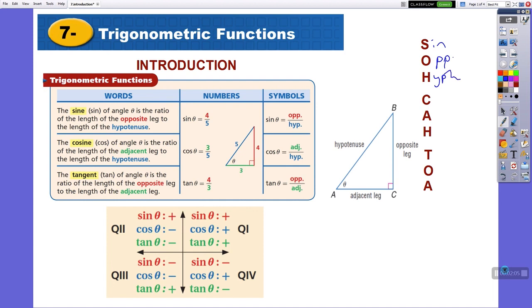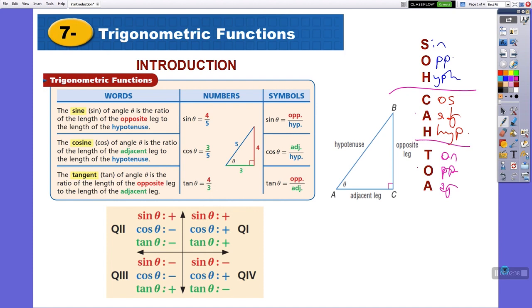CAH stands for cosine equals adjacent over hypotenuse. And TOA stands for tangent is equal to opposite over adjacent. It's a good way to remember if you are confused with the ratios. So sine is equal to opposite over hypotenuse, cosine is equal to adjacent over hypotenuse, tangent equals opposite over adjacent.